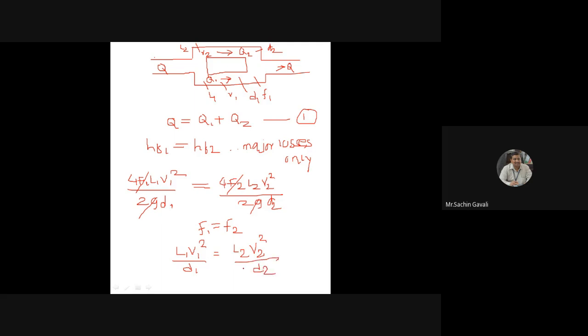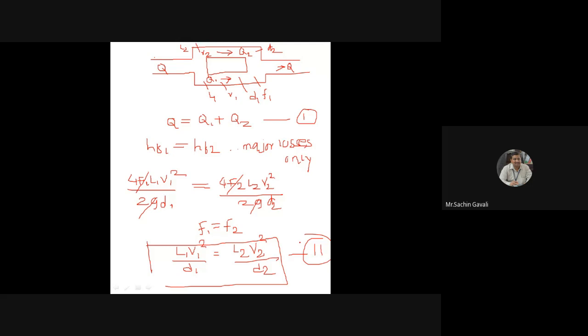So with the help of these two equations, one can calculate the discharge flowing in each pipe. So the equations are Q is equal to Q1 plus Q2, and L1 V1 square divided by D1 is equal to L2 V2 square divided by D2. With the help of these equations, one can calculate the parameters of each parallel pipeline connection, meaning the discharge flowing in each parallel pipe and the velocity in each parallel pipe.